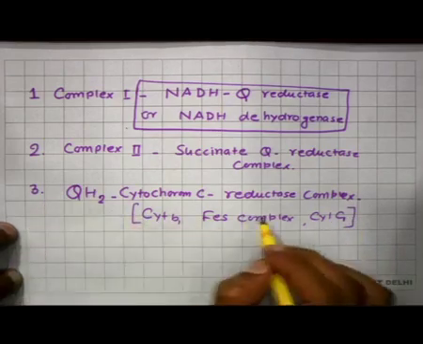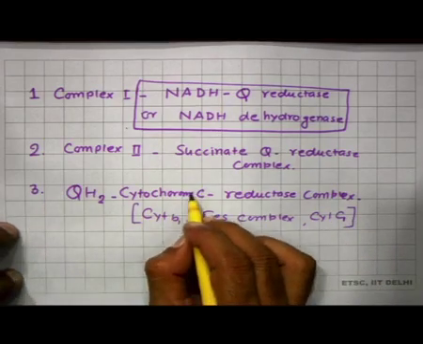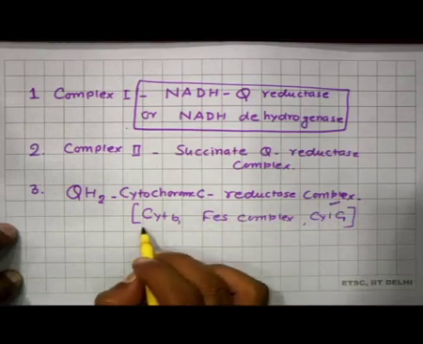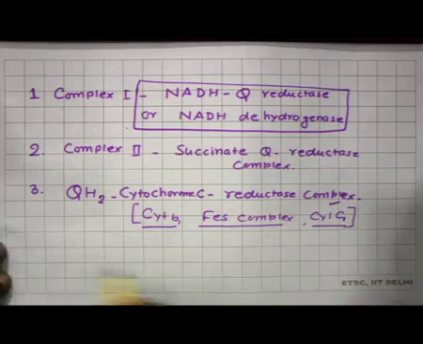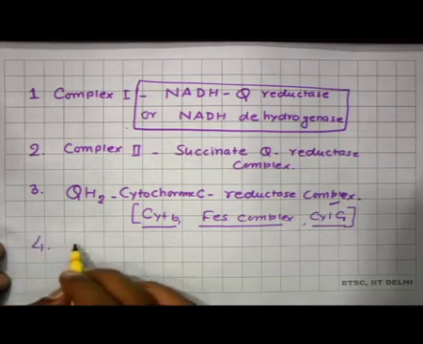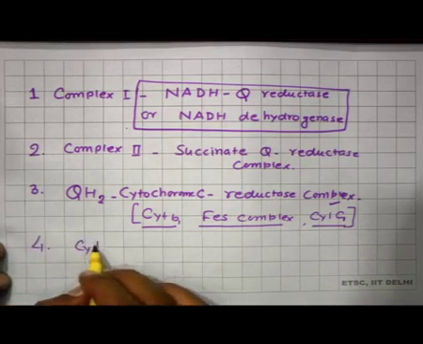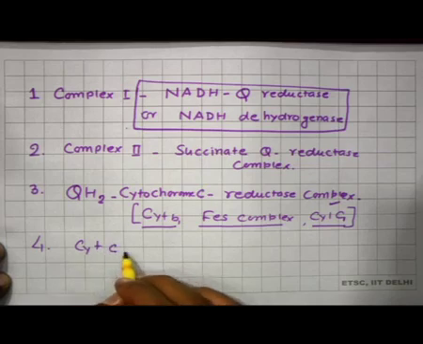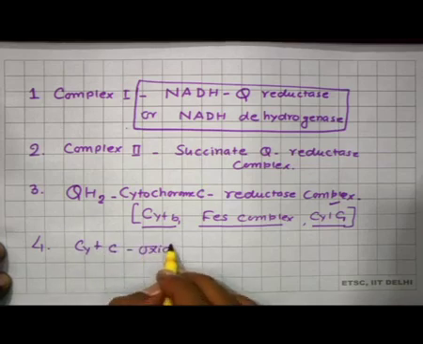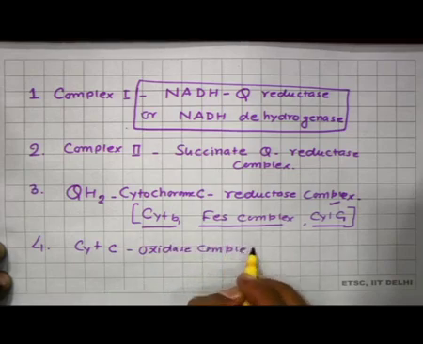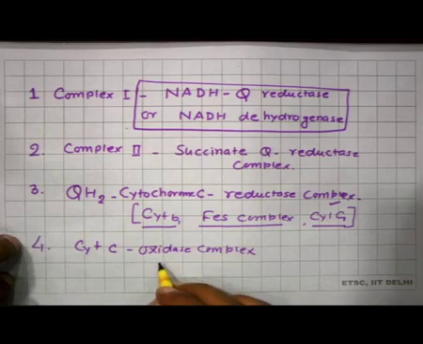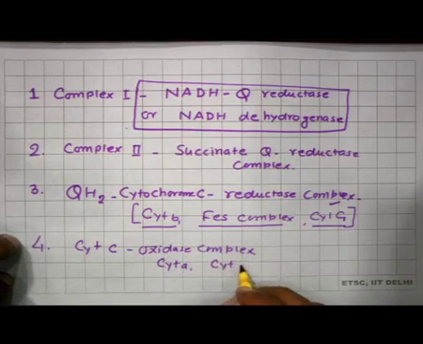And the fourth complex is called cytochrome C oxidase complex. It contains cytochrome A and cytochrome A3.